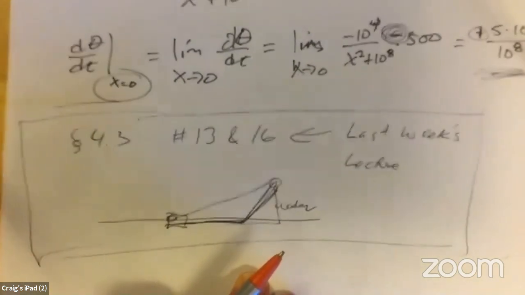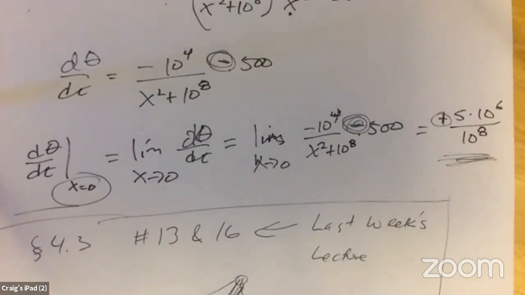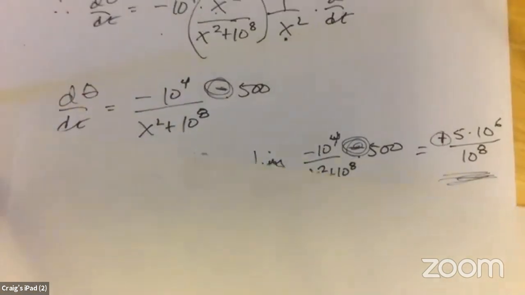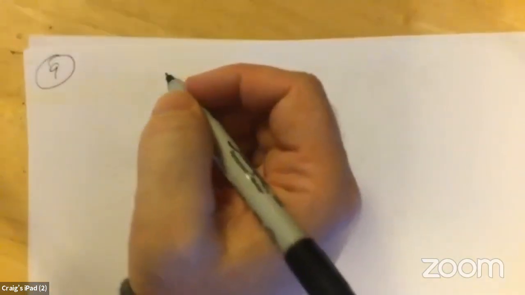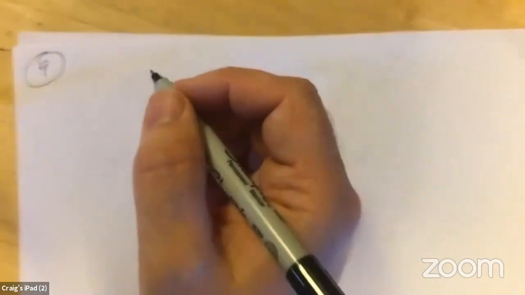For number 9, I'll jump to a new piece of paper. We have this standard soda can, roughly, on page 187, if you're trying to follow along in the book.